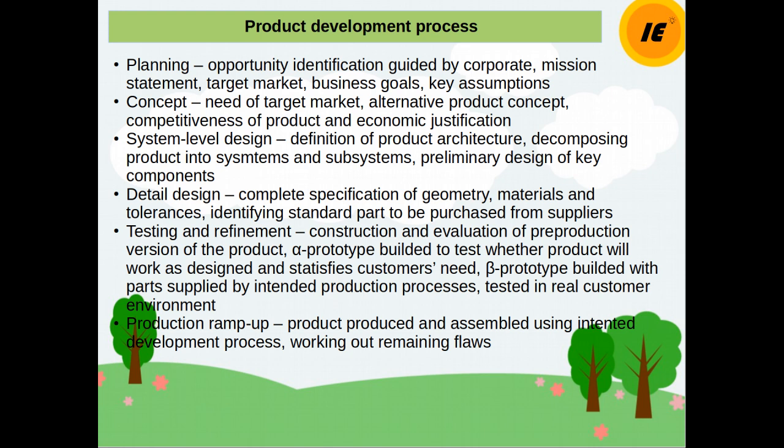The goal for the beta prototypes is usually to answer questions about performance and reliability, to identify necessary engineering changes for the final product. We'll go into this one after another in upcoming lectures, not exactly the next lecture, but we'll cover all of this in detail in upcoming lectures.